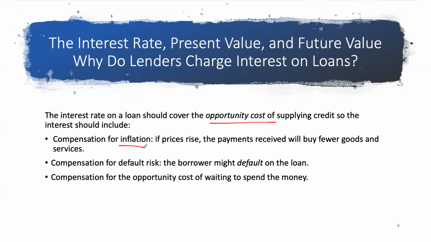And then the third argument for why you need an interest rate in the economy is what we call the time value of money, right? As you can imagine, when we think about consumption, the present period is more valuable than delaying consumption to a future period.